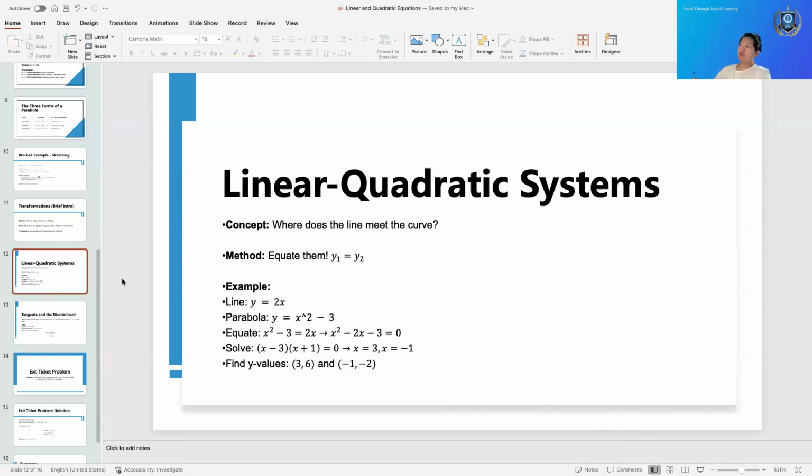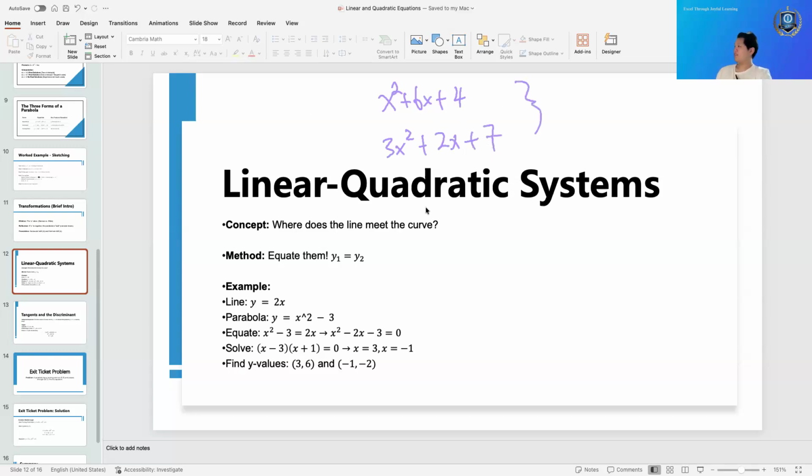You could also do quadratic and quadratic. How does that work? For example, I have x squared plus 6x plus, let's say, 4. And for the second equation, I have maybe 3x squared plus 2x plus 7.